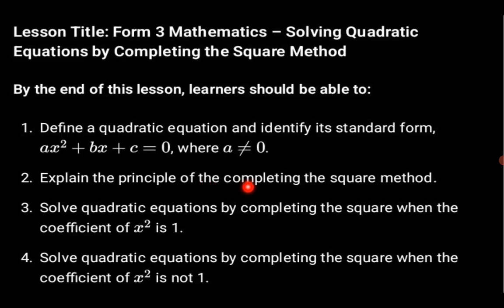Explain the principle of the completing the square method, a method of solving quadratic equations. Solve quadratic equations by completing the square when the coefficient of x squared is 1. So in other words, when a is 1.